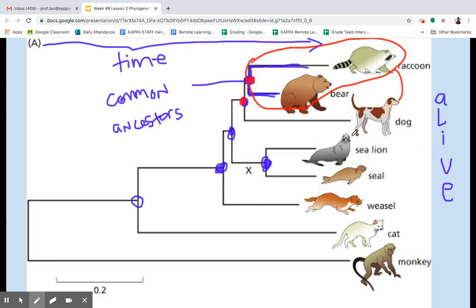Similarly, if we look down here, a sea lion and a seal are more closely related than they are to the dog, bear, and raccoon because that common ancestor was more in the past.